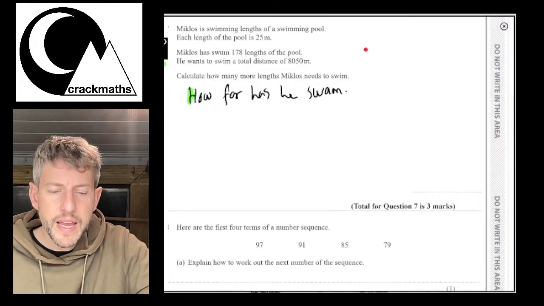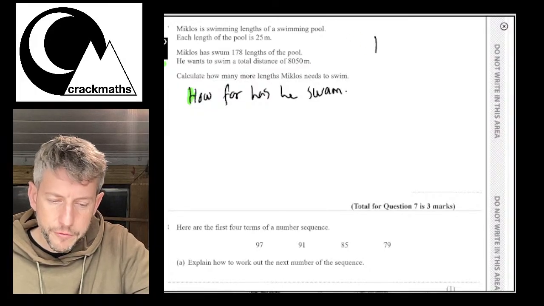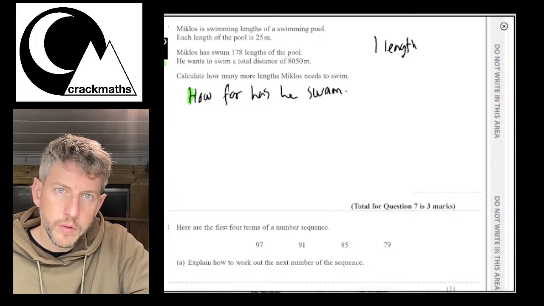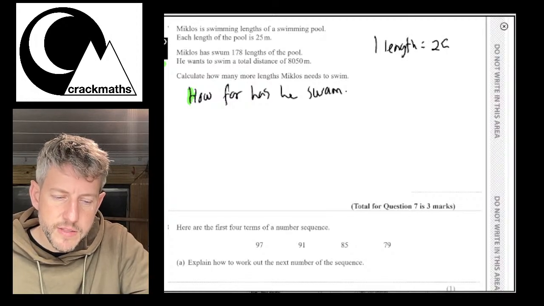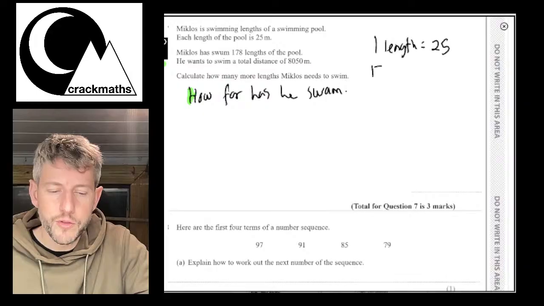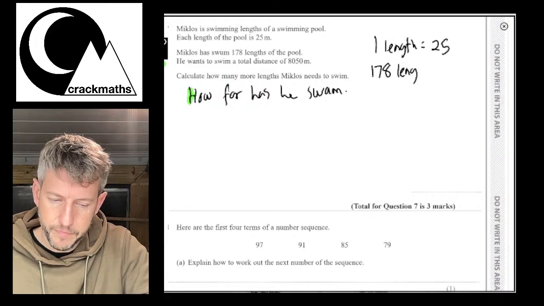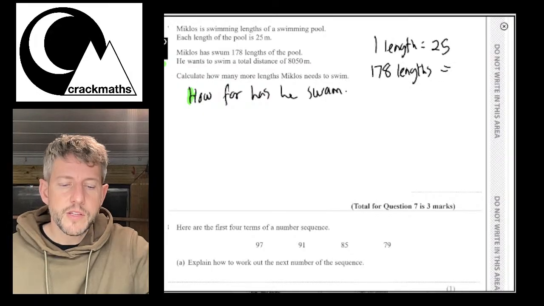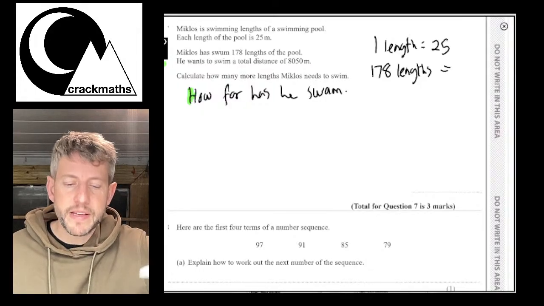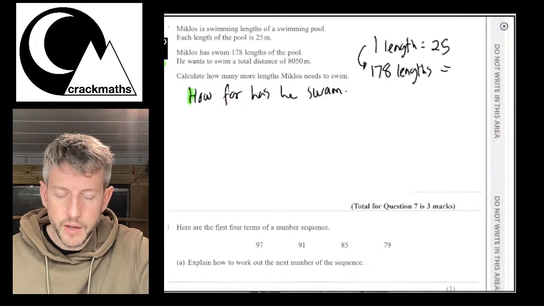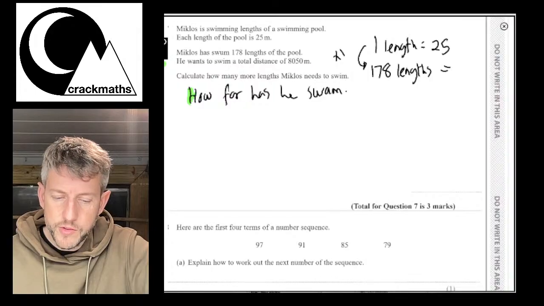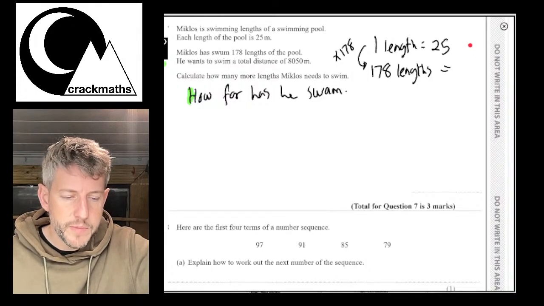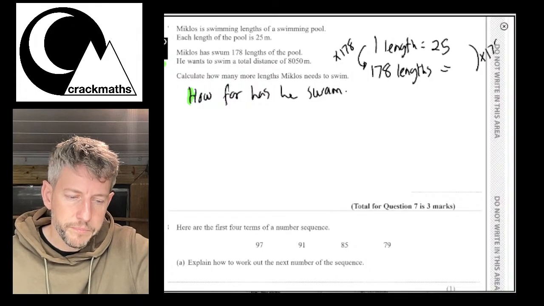He has swum one length, which equals 25 metres, and he's swum 178 lengths. So that means he's swum 25 metres 178 times. So I'm going to times this by 178, and I'm timesing this by 178 as well.